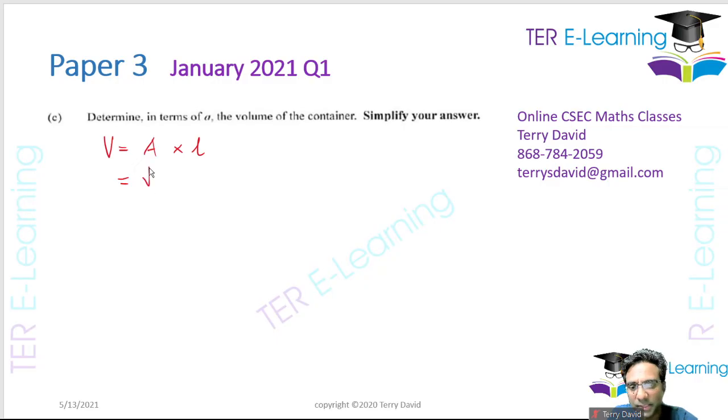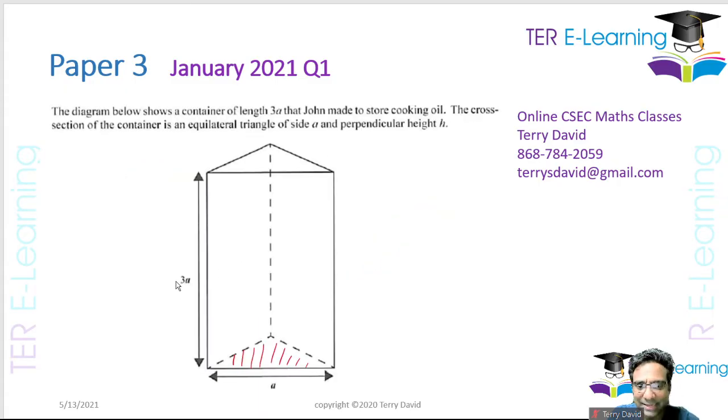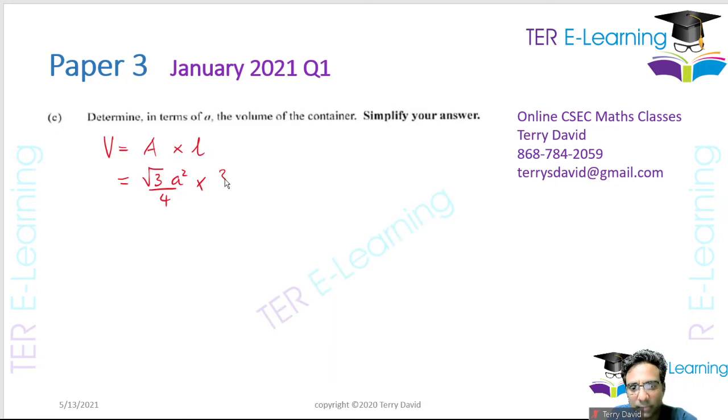You got square root of 3 A squared over 4. So this is the square root of 3 A squared over 4 multiplied by the length of the container. If you go back to my original diagram, the length of the container is 3A, right? So you're multiplying by my length, which is 3A over 1.